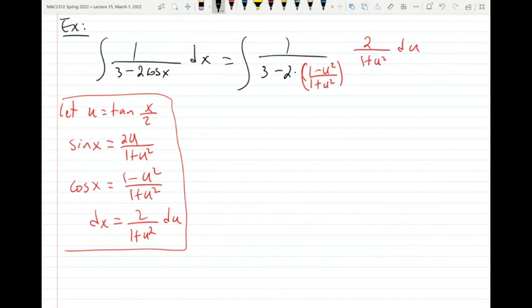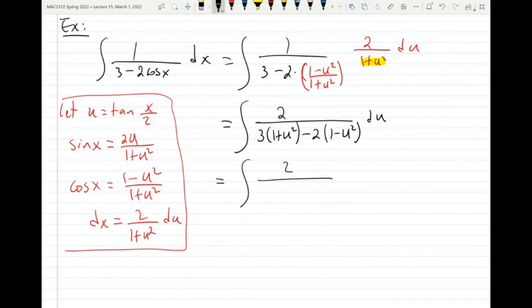Now let's simplify and see what we get. I'm going to distribute this 1 plus u squared. I get a 2 on top, and when I distribute, I get 3 times 1 plus u squared minus 2 times 1 minus u squared, because the 1 plus u squared cancels the one down here. Let me leave the 2 in there.